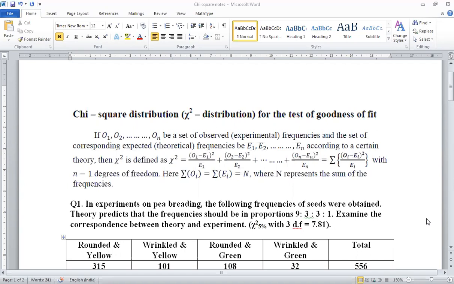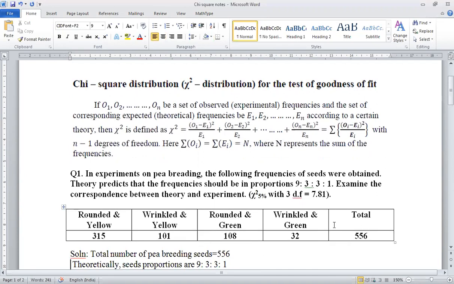The data given is: rounded and yellow seeds are 315 in number, wrinkled and yellow are 101, rounded and green 108, wrinkled and green 32 seeds. So altogether we have 556.